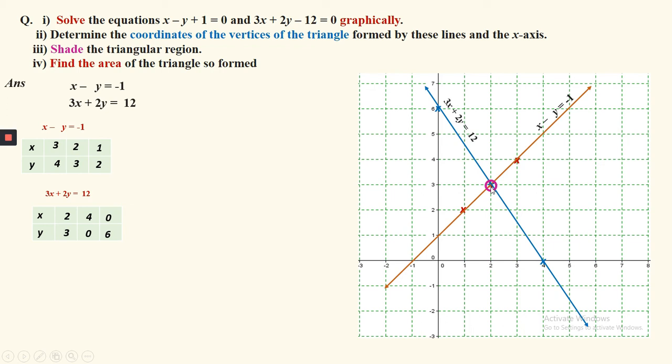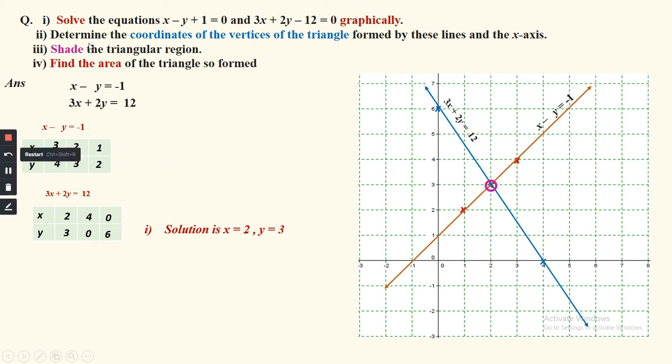So let us identify the x coordinate. X coordinate is 2 and y coordinate is 3. So the solution is x equal to 2, y equal to 3. So the first part is over. We solved the equations by drawing the graph of both the equations.